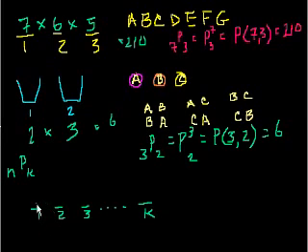In the first spot, there's n possibilities, just like we did in the last 2 examples. Then, since one person or one thing will be placed in spot 1, there's going to be n minus 1 possibilities for spot 2. And similarly, n minus 2 possibilities for spot 3. And then we could follow that pattern all the way.